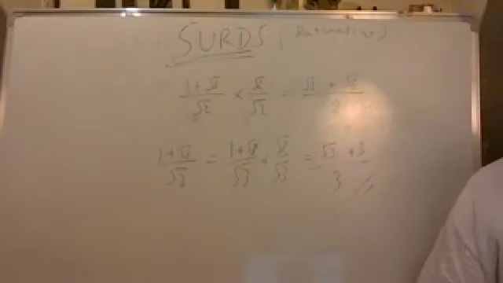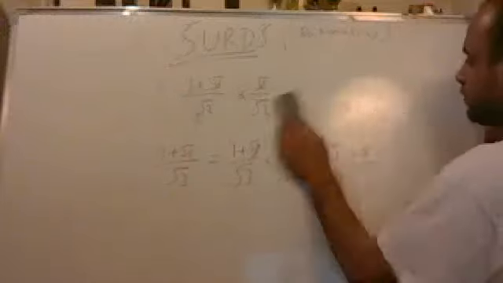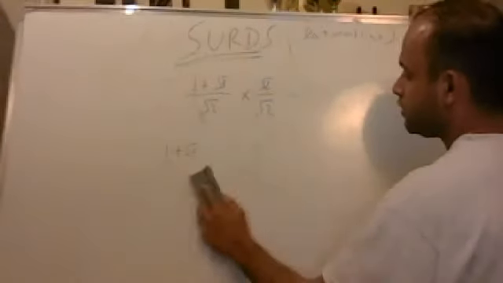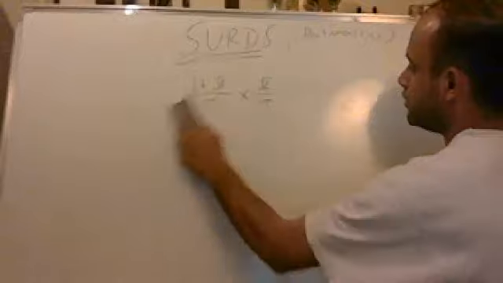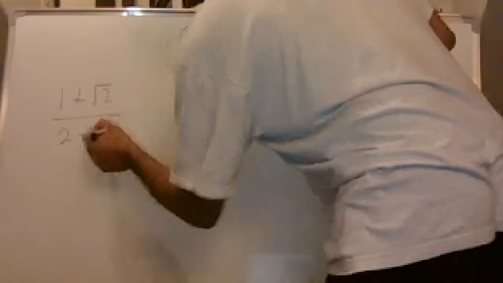Now, however, you're not going to get simple questions like this in the exam. So in the exam, the question is going to follow one of these forms. So probably something like this. So let's say we have 1 plus root 2 over 2 minus root 3.